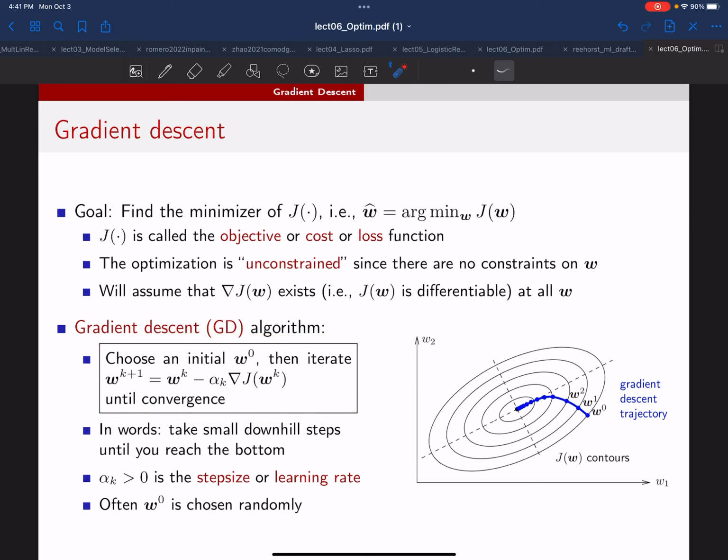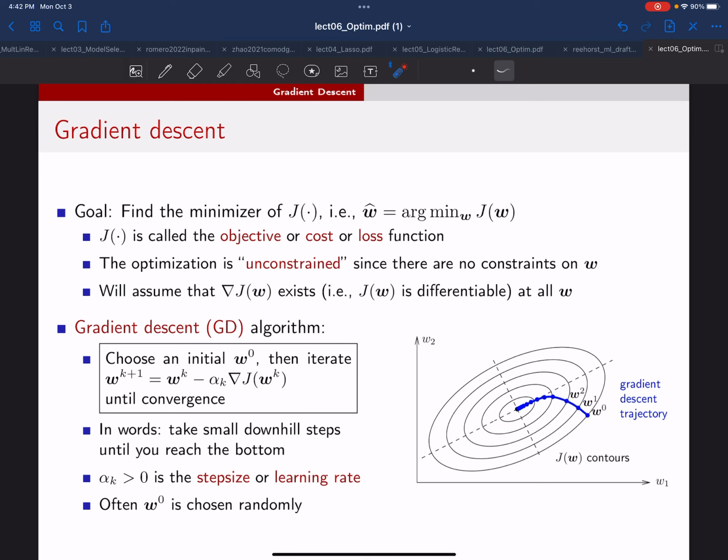Basically, you choose an initial point, we'll call it W0, and then you iterate this step until convergence. For any k, the next W is you start with Wk, and then you take a negative gradient times a small positive number, alpha k.